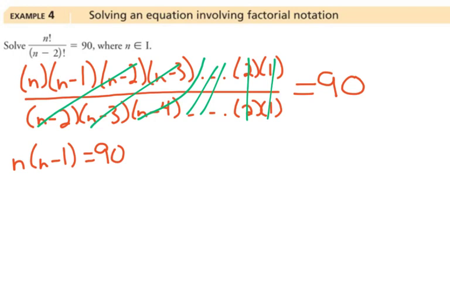Now we have to go back in our bag of tricks and figure out how to solve this. Well, brackets in equations are never a good thing, so we should work to get rid of those. And in this situation, distributing the n in is actually necessary. We would get out of that n squared minus n equals 90.